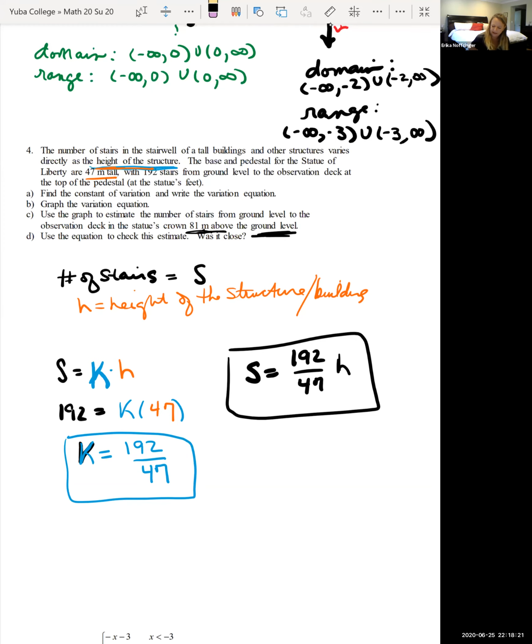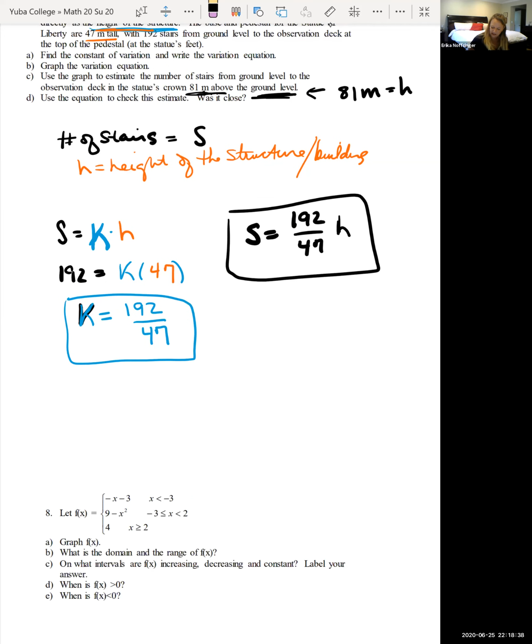Okay, so basically, I was wondering if we had to subtract anything, but it looks like we want to find out how many stairs there are when it's 81 meters. So we're going to look at this as our height here, and we can plug it into this equation. So for part D, now this was C, so we're not doing all these parts.